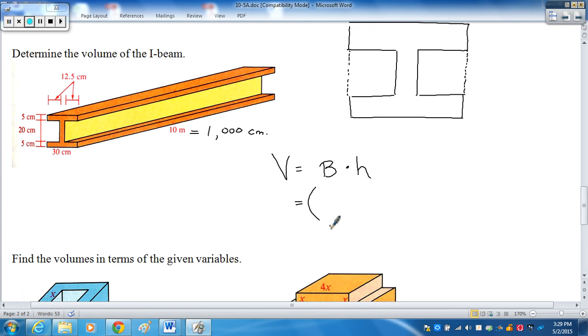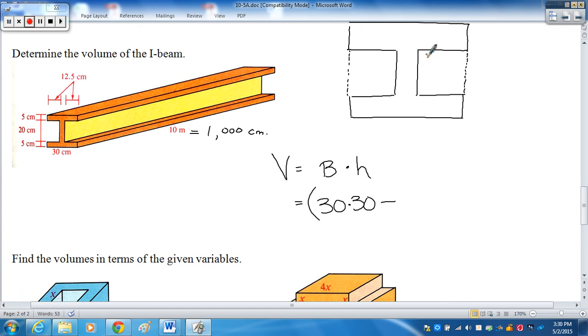So in order to do this, the dimensions of the whole rectangle here would be 30 by what? Well, 20 plus 5 plus 5, that's 30 as well. So this is a 30 by 30 rectangle, okay? Now, I need to subtract out the area of this part right here, as well as this one right here, okay?